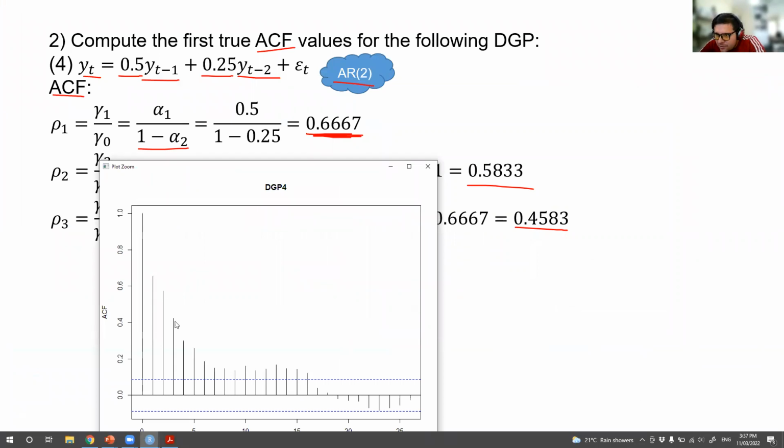Then a little bit above 0.4, so that's 0.45, and it will keep decaying. Remember, always disregard the first line, please. Just start from here, and it will decay until eventually it reaches 0. And it doesn't take that long to reach 0.